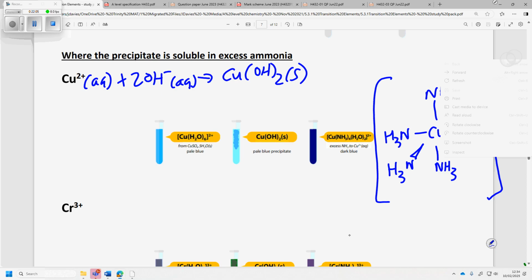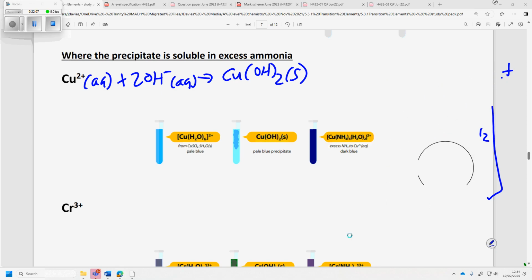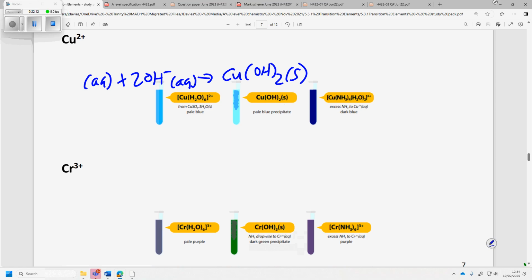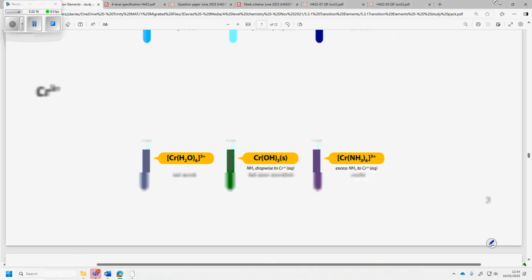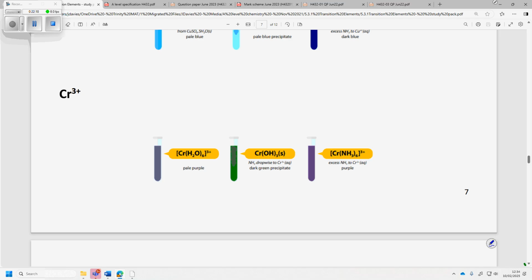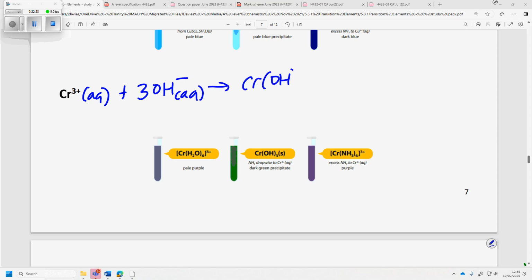The chromium is going to behave in a similar way. So the chromium, we've got our aqueous chromium 3+, we're going to react it with 3 hydroxide ions. That will form our chromium hydroxide precipitate. Purple chromium hexaaqua ion.